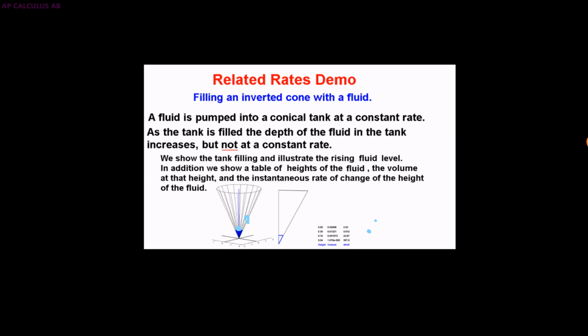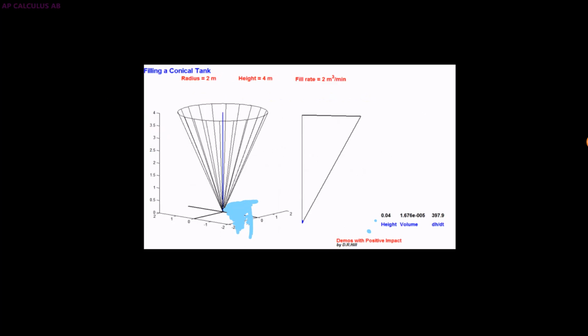But anyway, you can imagine as time goes on, this water is going to get higher and higher. The depth of the water is increasing as time goes on. Because you're adding water, it's going to go up and up. And that height changes. And as you can see, the radius of the water inside the tank is also getting bigger. Oh, here it goes. So there you go. It's getting bigger and bigger.